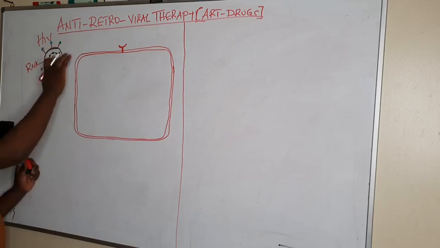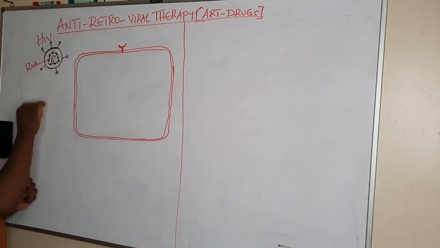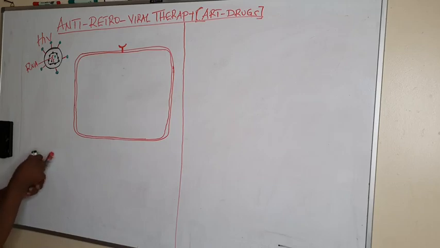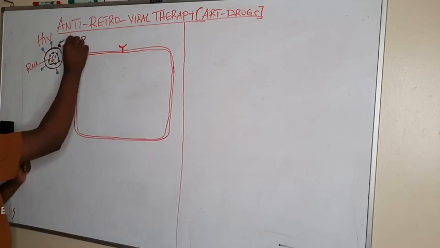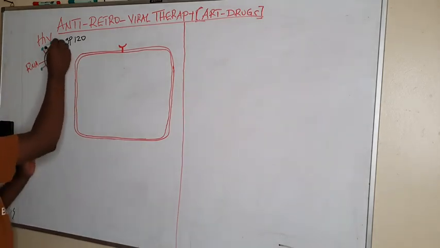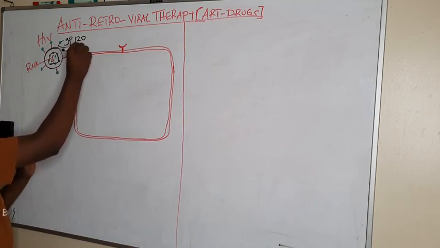And this envelope of the HIV virus, the coating has what we call the glycoproteins, whereby we have glycoprotein 120, which is the base of the spike. Then the long arm is known as glycoprotein 41.